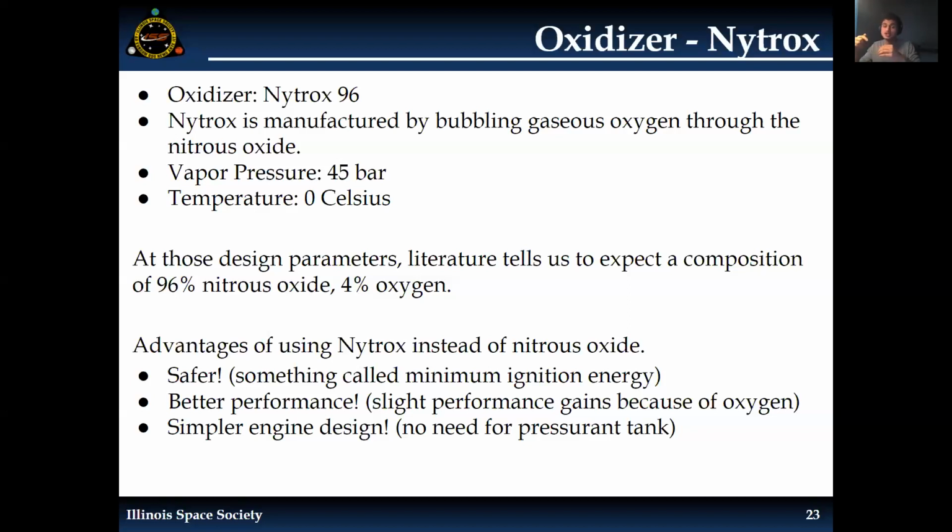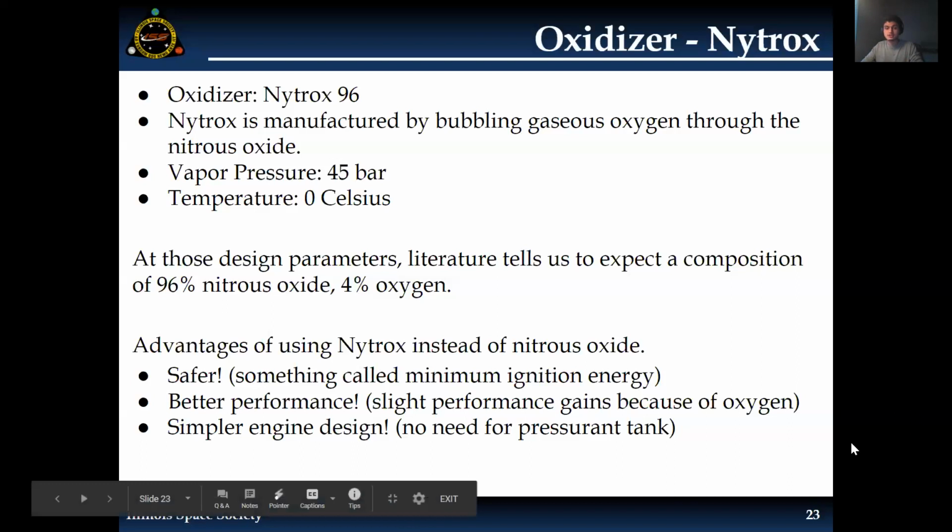There's a specific pressure for each separate liquid, and for our engine, nitrox has a higher vapor pressure at lower temperatures compared to nitrous oxide. So it's great for us because we get to use a higher vapor pressure, which helps us push the oxidizer from the ox tank down into the combustion chamber, which is how we feed oxidizer from the ox tank to the combustion chamber.